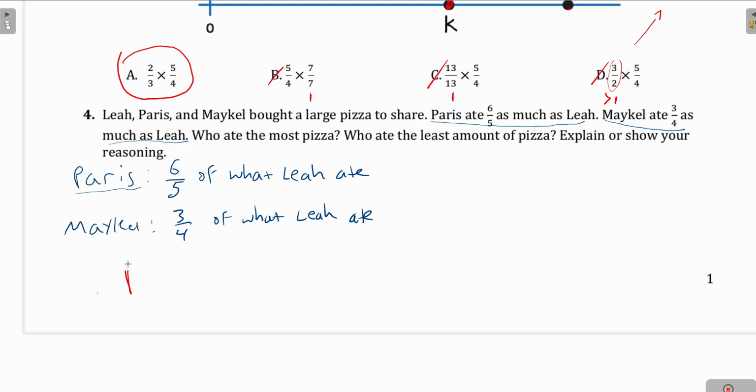So Paris ate the most pizza, and who ate the least pizza? Well, Michael.